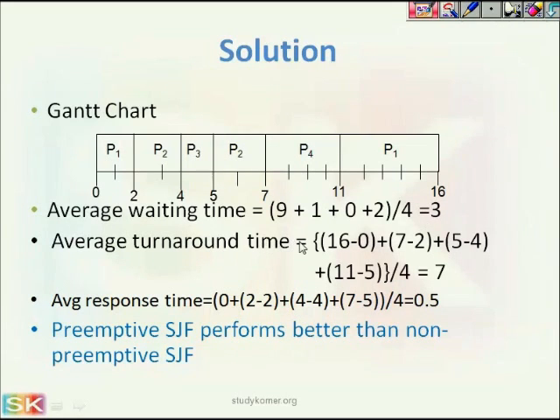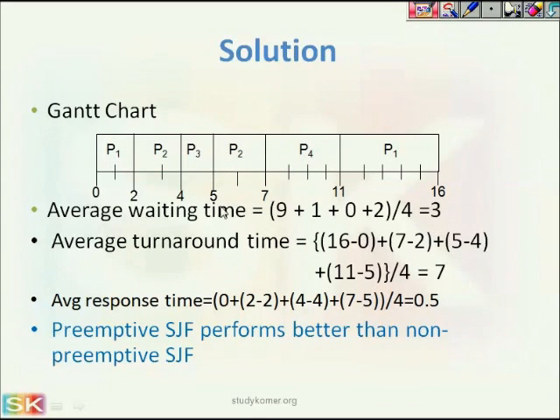Average turnaround time: process P1 was completed at time 16 and submitted at time 0, so 16 minus 0. P2 is completed at time 7, submitted at time 2, so 7 minus 2 is the turnaround time of P2.